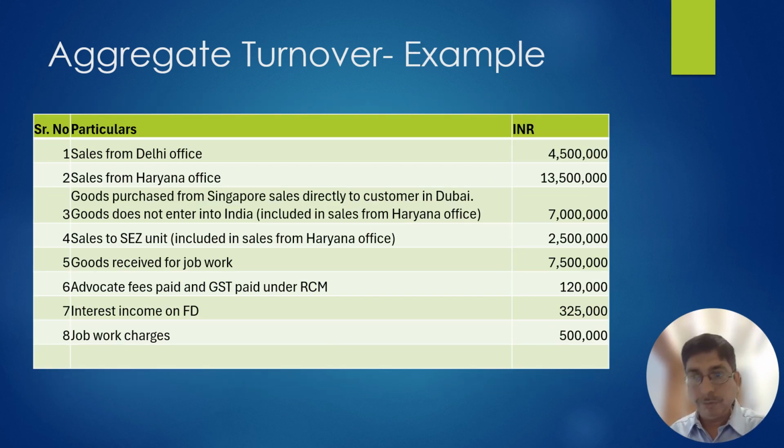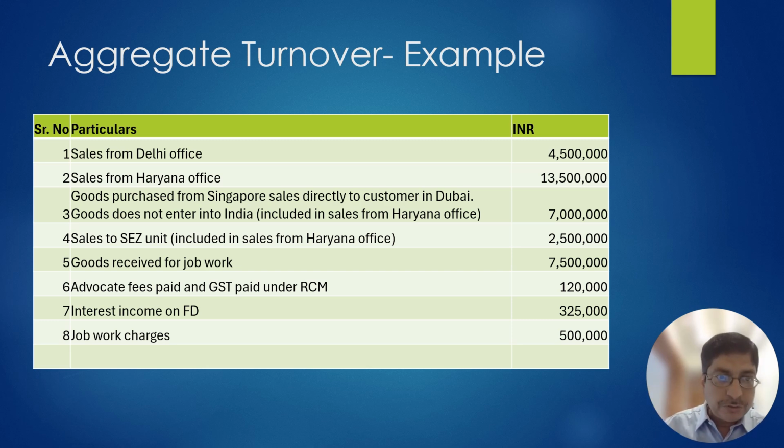Let's see one more example, a little tricky. Sale from Delhi office, 45 lakh. Sale from Haryana office, 1 crore 35 lakh. Goods purchased from Singapore directly sent to the customer in Dubai without goods entering into India, 70 lakh. However, that is included in the turnover of Haryana office. Sale to SEZ unit, included in the Haryana office sales, 25 lakh.